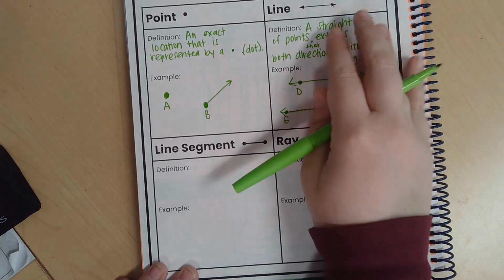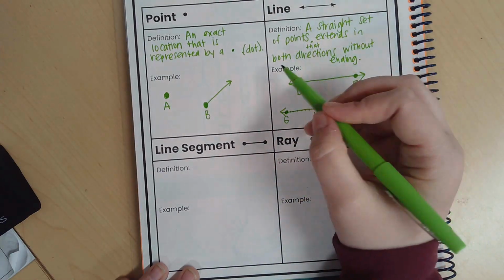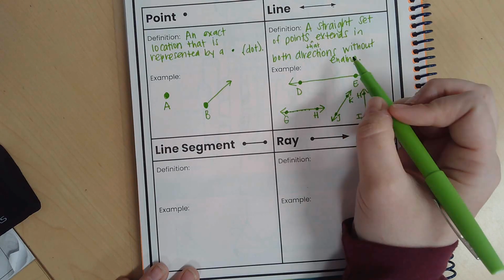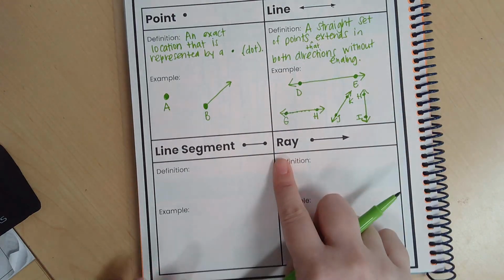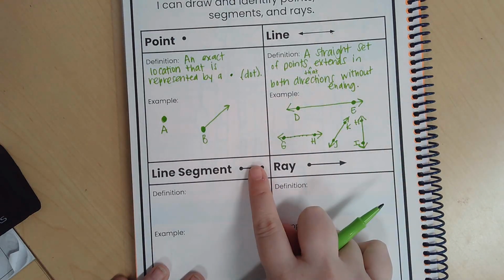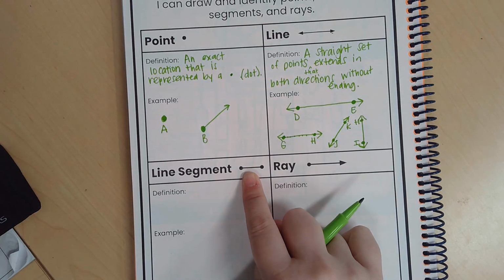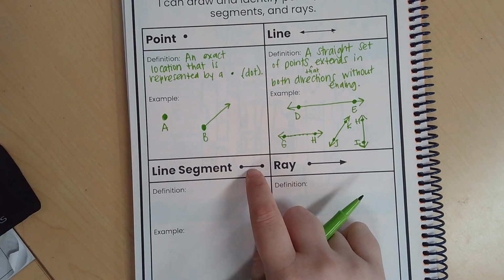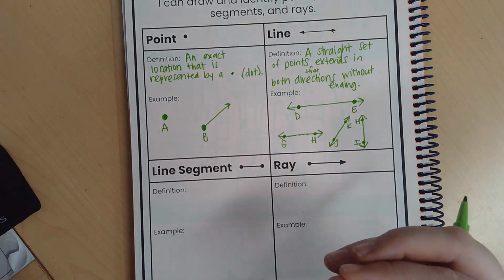Now, remember, a line is a straight set of points that extends in both directions without ending. A line segment, if you look, so up here is a line, up here is a segment. I have had students in the past who have said it looks like Baymax's eyes, right? So a line segment is when we have a piece of a line.